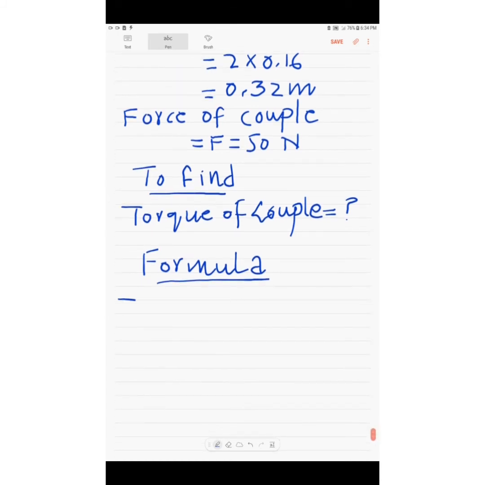Formula is torque of couple is equal to F into L. Here L is equal to AB.